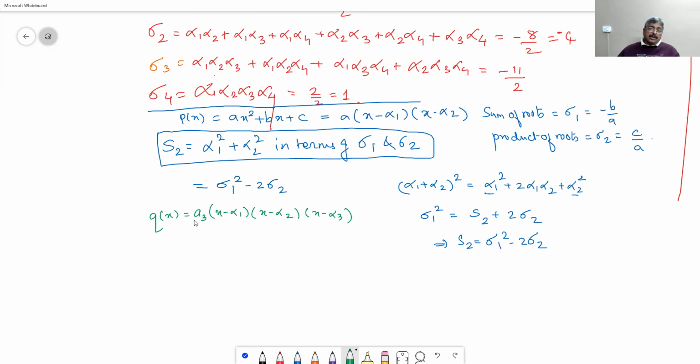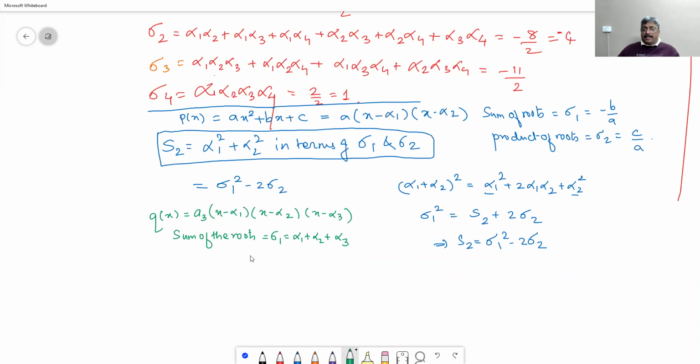Okay. What is the sum of the roots? Sigma 1 is equal to alpha 1 plus alpha 2 plus alpha 3.